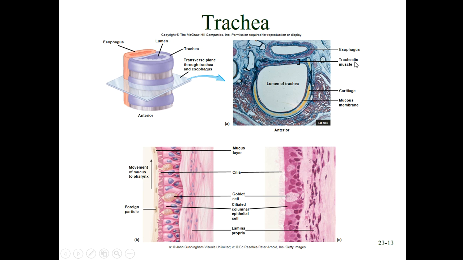And so we have this so-called trachealis muscle right here. When we swallow, the esophagus gets much larger to accommodate that bolus of food. And so we evolved a compact area where, when we breathe, this is the respiratory area. When we swallow, these 2 lines flex a little bit. And so the esophagus can occupy more space during that wave of peristalsis.